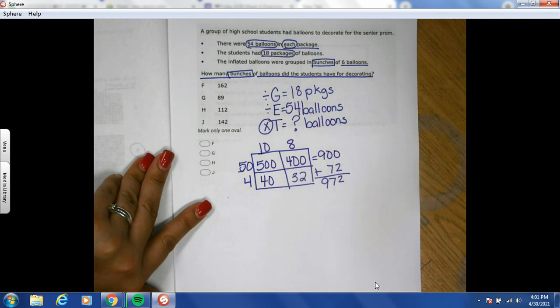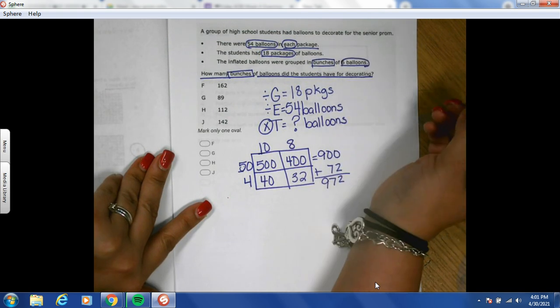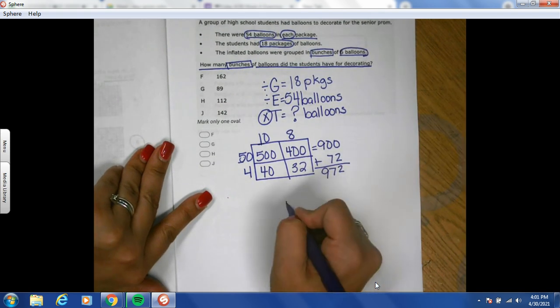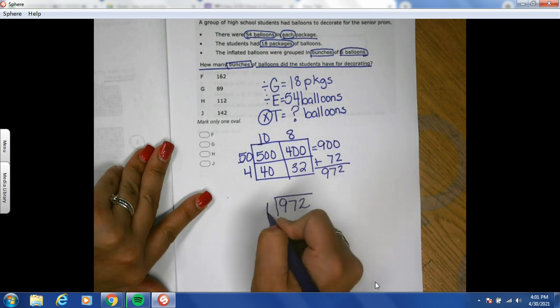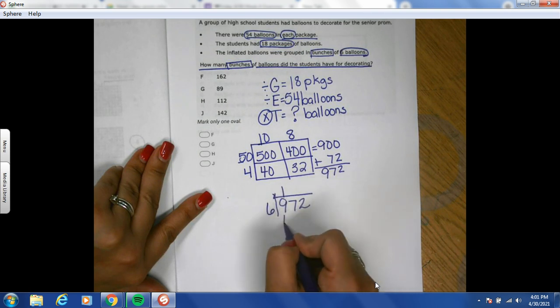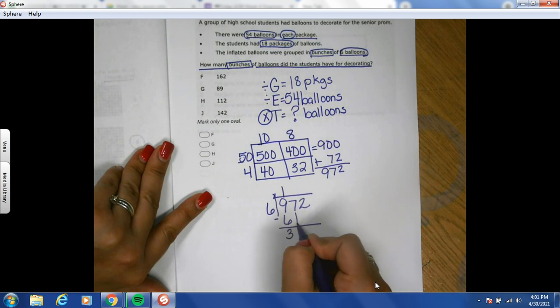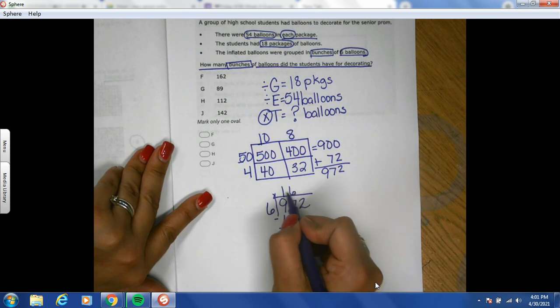When I add them up, I get 972. So now I want to put them in groups of 6. So I'm going to take that 972 and divide by 6. So I'm going to multiply 6 times 1, because 6 times 2 is 12 and it's way bigger than 9. 9 minus 6 is 3. Bring down the 7. 6 times 6 is 36.